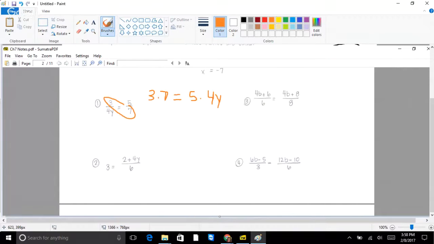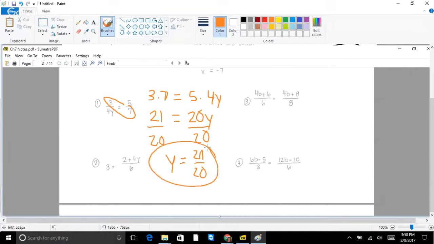Okay, so 3 times 7 is 21, and 5 times 4y is 20y. I divide both sides by 20, and I get that y equals 21 over 20. So that would be a complicated one to try to figure out, right? But we can do it.